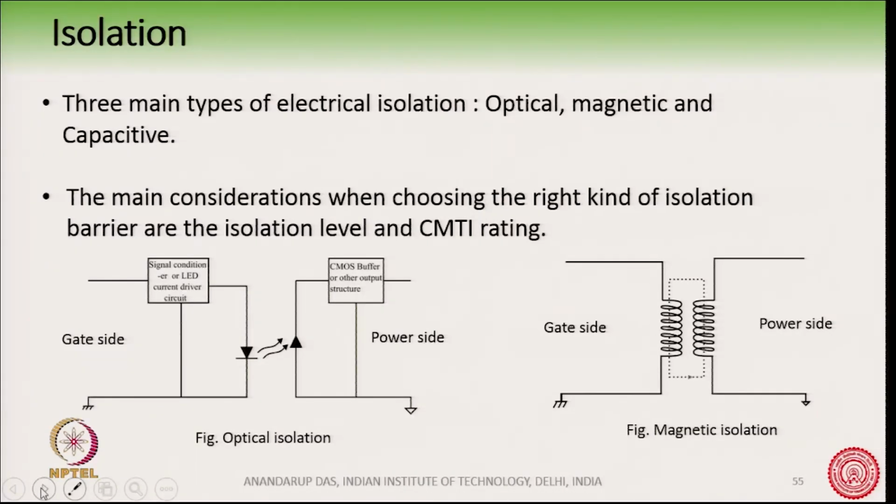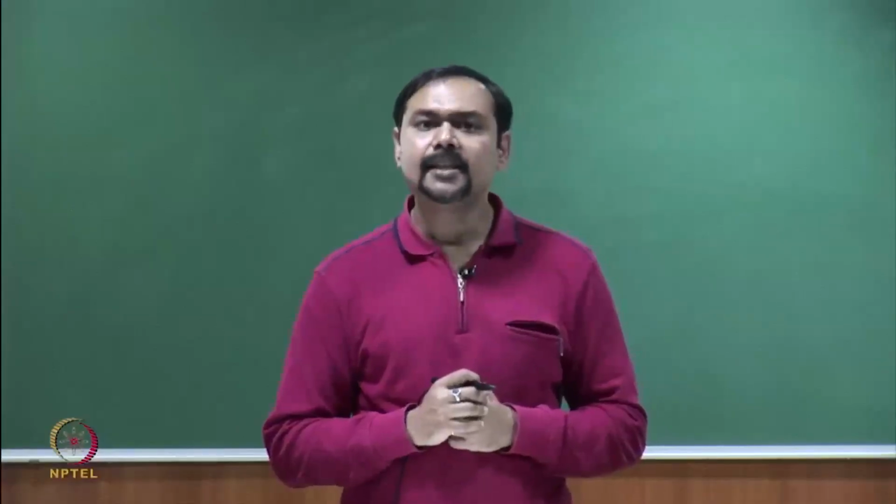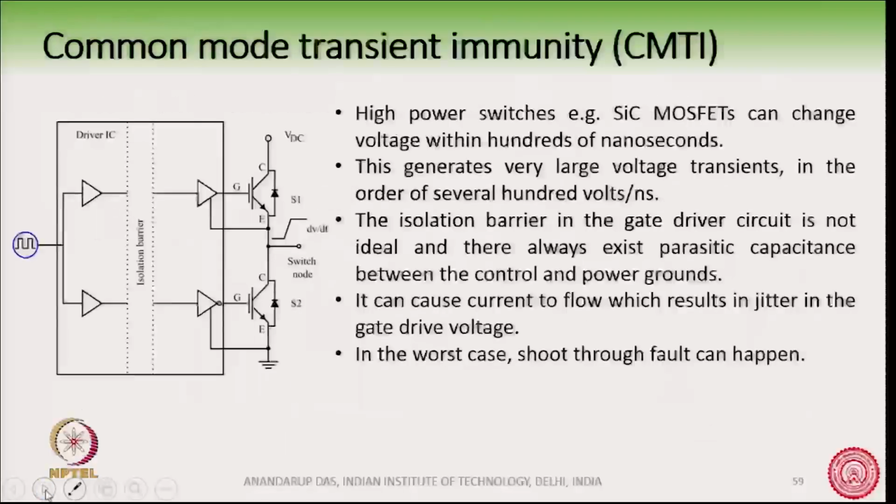Okay. But apart from this, there is one more important rating that you should also look into, which is the CMTI rating. Now, what is CMTI? CMTI is common mode transient immunity, and this is very important in particular for high switching frequency devices like silicon carbide MOSFETs.